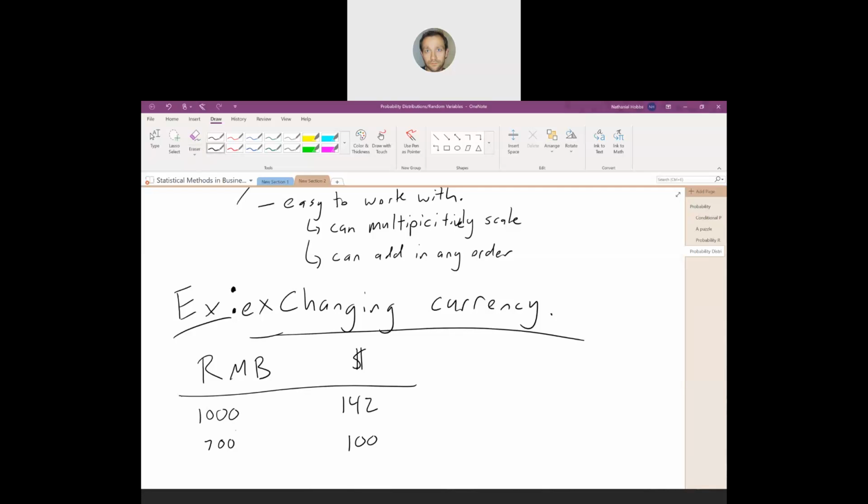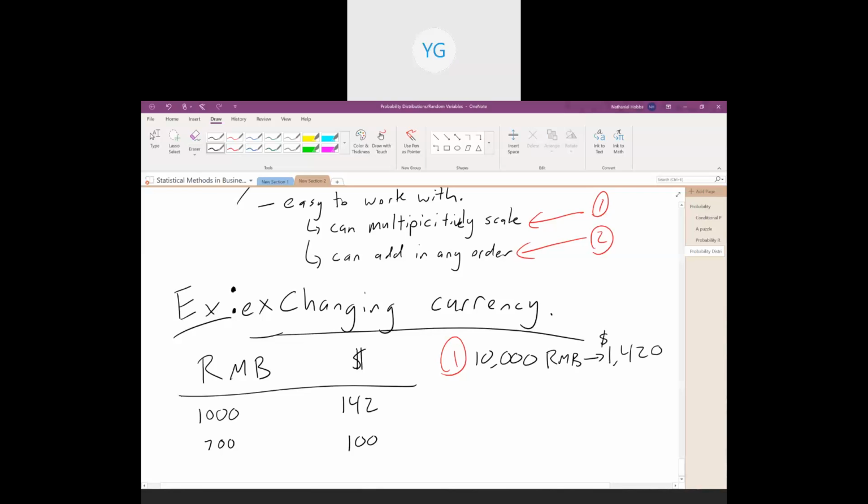Great. Now, what I want to show is that in this case, each of these are true. To show that one is true, if I have 10,000 renminbi, how much is that in US dollars? 420. Yeah.